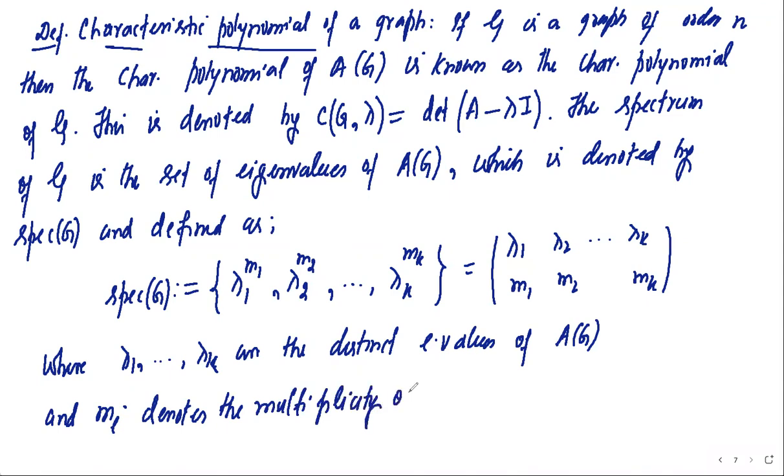So therefore here, lambda 1 power m1 means that lambda 1 is an eigenvalue of the adjacency matrix repeated m1 times, and similarly so on. Now here this is the permutation form. Lambda 1 is repeated m1 times, lambda 2 m2 times, and lambda k mk times. So we conclude here.